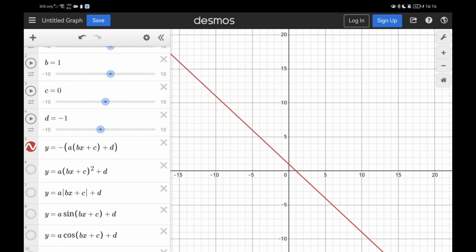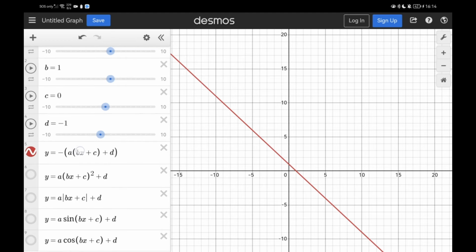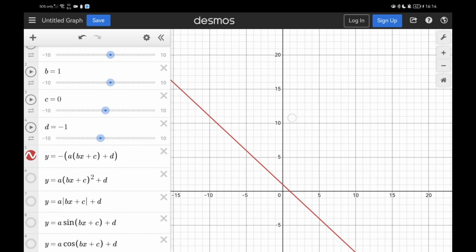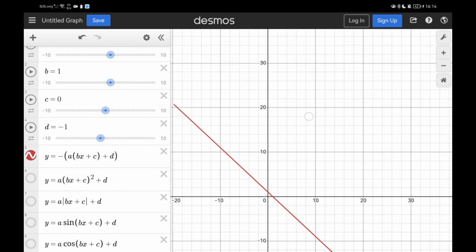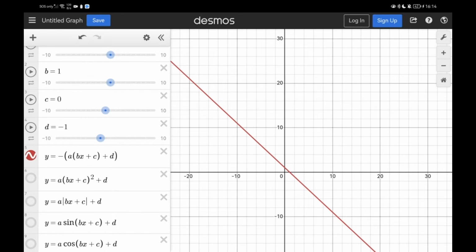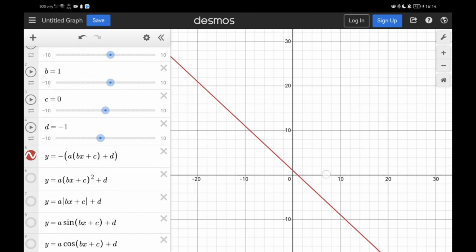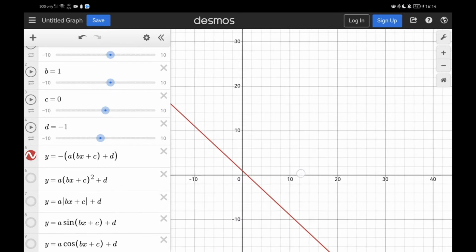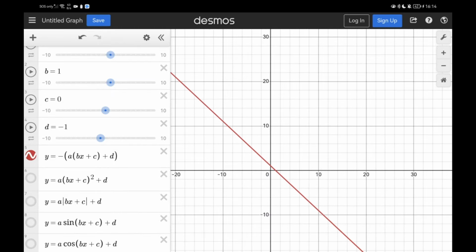Your graph should look like this because you reverse the gradient, reverse the entire function. So similarly, your gradient must be reversed. So it is a reflection in the x-axis.